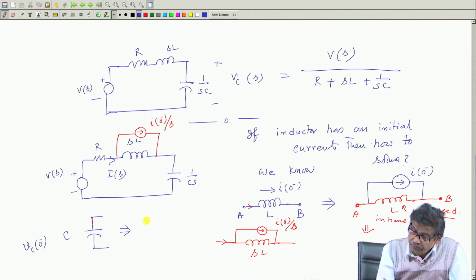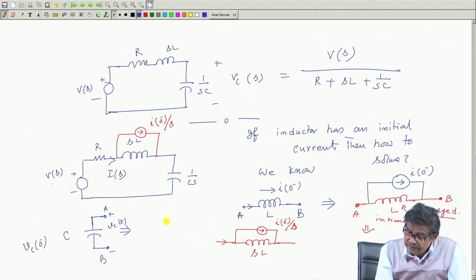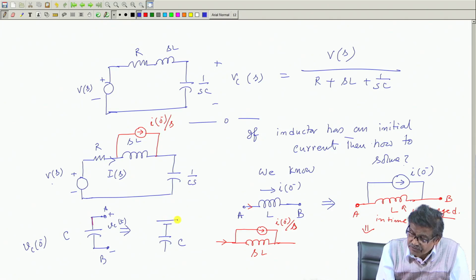Suppose I want to find out the voltage VC(t) across the capacitor. Then between points A and B, I will say there is this capacitor which is uncharged, but in series with a battery of fixed voltage, whose value is Vc0 minus.